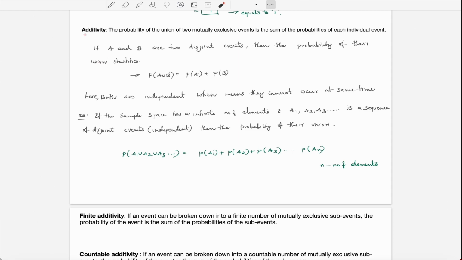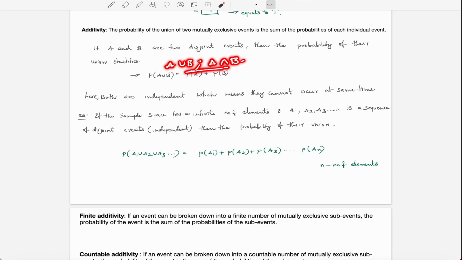Okay, I just want to explain it once again. What do we mean by additivity? The probability of a union means this symbol. I hope you have a basic intuition about union and intersection. If not, please comment down below and I will make another video. This is the union, and this is the intersection.